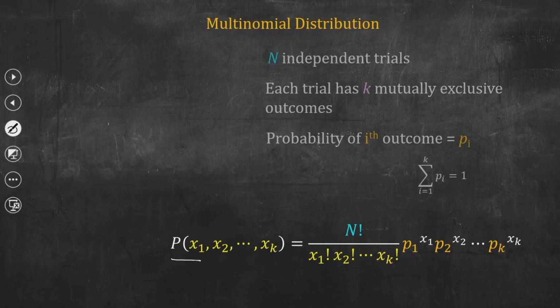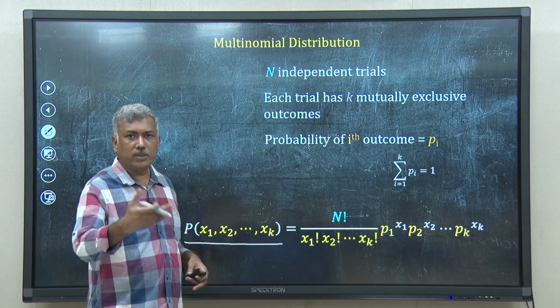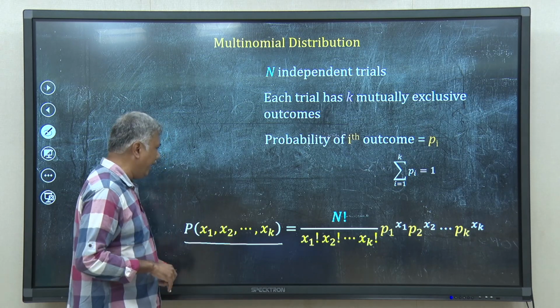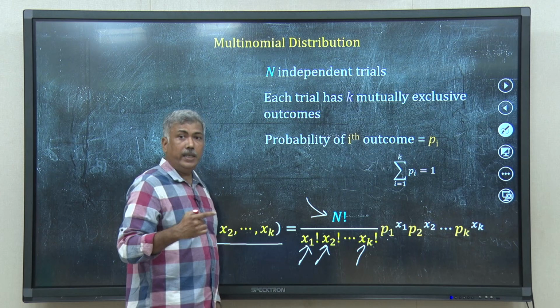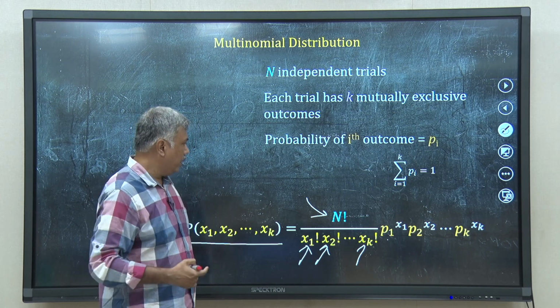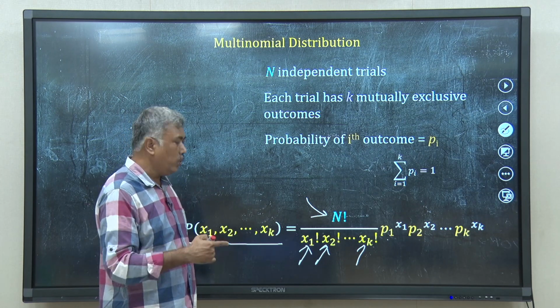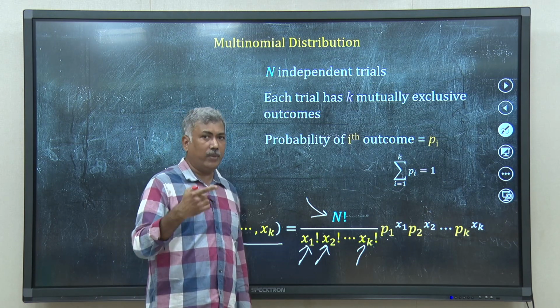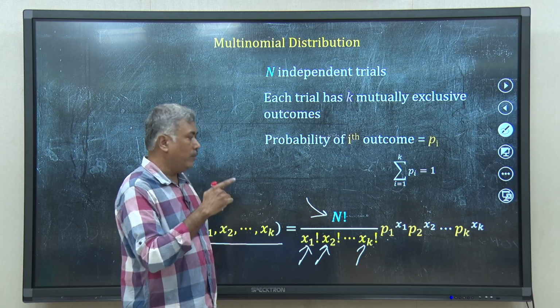So the probability of a particular event, that is a particular result that you have got out of 4 or 5 or 6 or n number of dice throws, n number of trials, is equal to factorial n divided by factorial of x1, that is the number of times the first outcome has appeared, factorial of x2, factorial of xk, into p1, which is the probability of getting the first face, for example in case of die throw, the first outcome, to the power x1, that is the number of times that outcome has happened, into p2 to the power x2, that is the number of times the second outcome has happened, up to the product up to pk to the power xk.